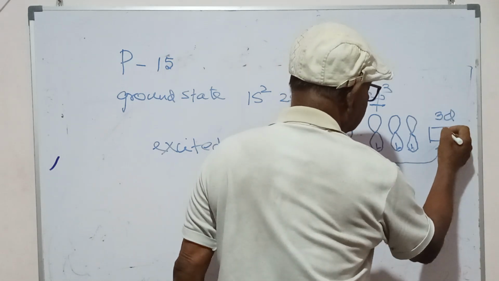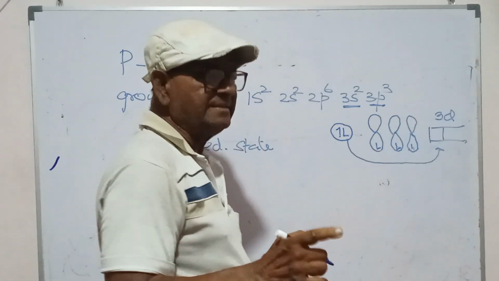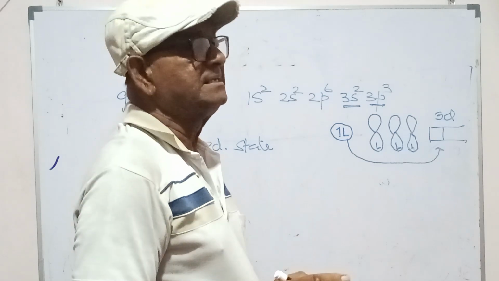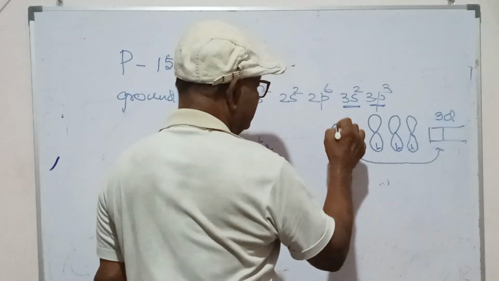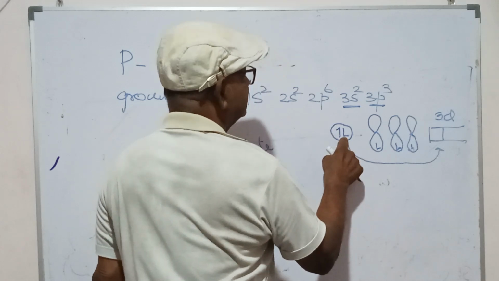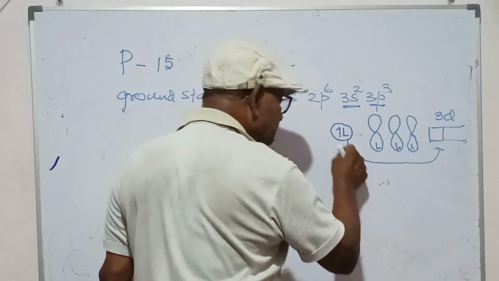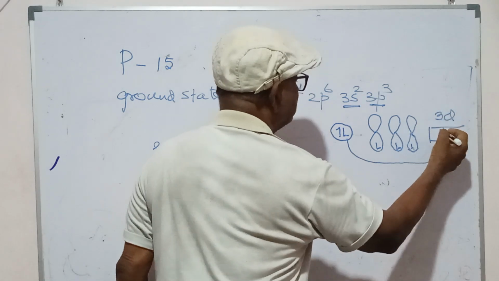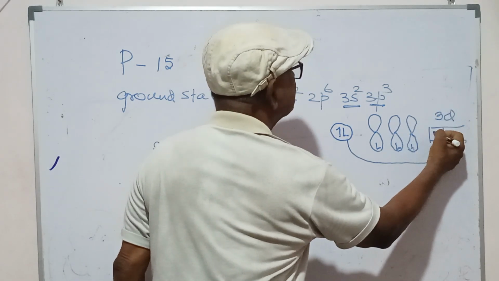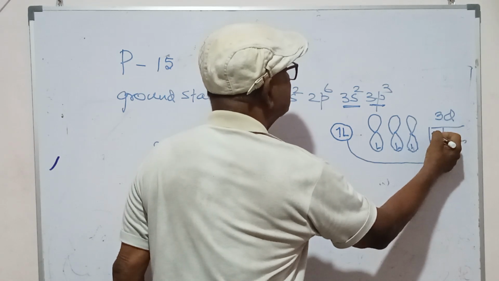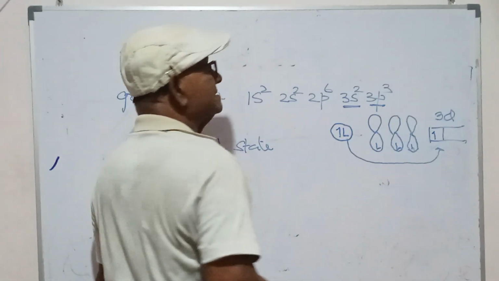How many orbitals? The 3d sub-energy level has 5 orbitals. I had drawn one, then one electron of the 3s orbital transfers to the first orbital of the 3d sub-energy level, because no electrons are in the 3d.